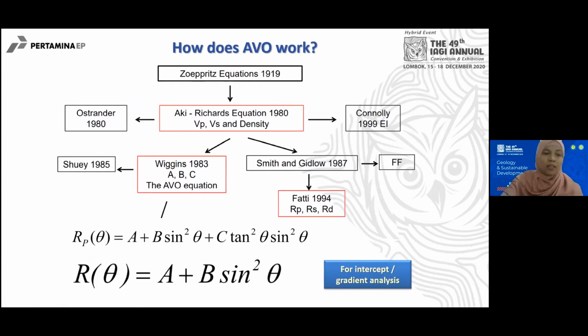Here we have the amplitude as a function of the incident angle, where for intercept and gradient analysis, we have here A as the intercept, which represents the amplitude at zero offset, and also the second term here represents the change of the amplitude toward increasing angles.